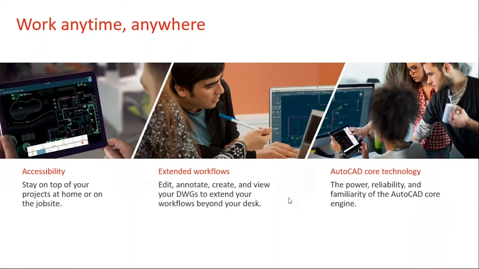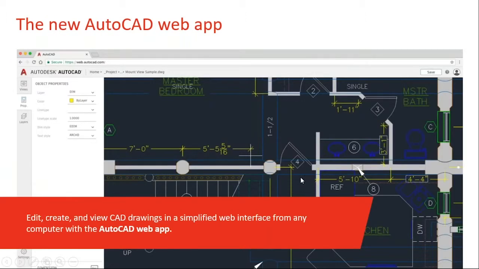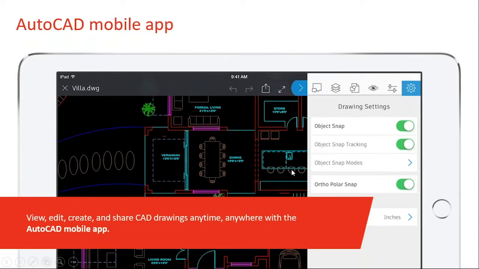And just kind of talking a little bit, here's the web app, as mentioned, and then the mobile app. So the mobile app's been available for a long time. It's fantastic. Why are we printing everything out when we can just take our iPad out to the site? Even if you don't have connectivity, there's no internet, you can still download them ahead of time and take them out, and you can zoom and pan, and tablets have GPS built into them.